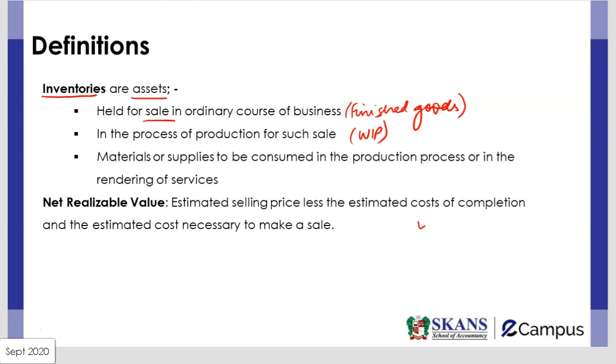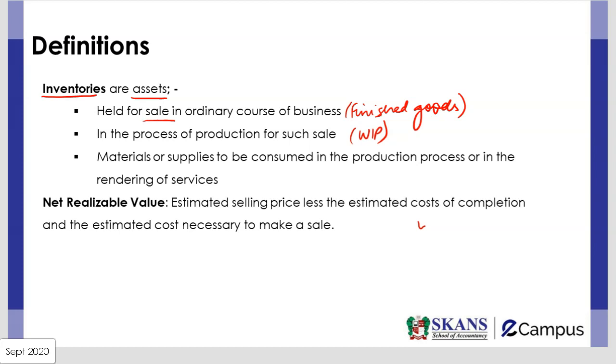Such unfinished items are also a part of our inventory. Why? Because ultimately the intention for purchasing material for them or ultimately processing them or manufacturing them, with that the ultimate intention is to sell them. So all such items will become a part of our inventories.